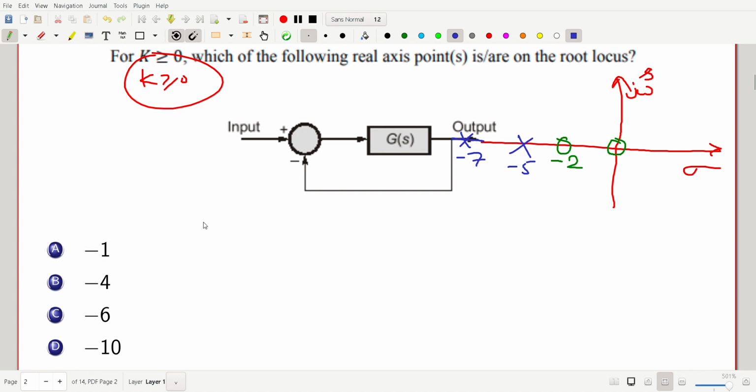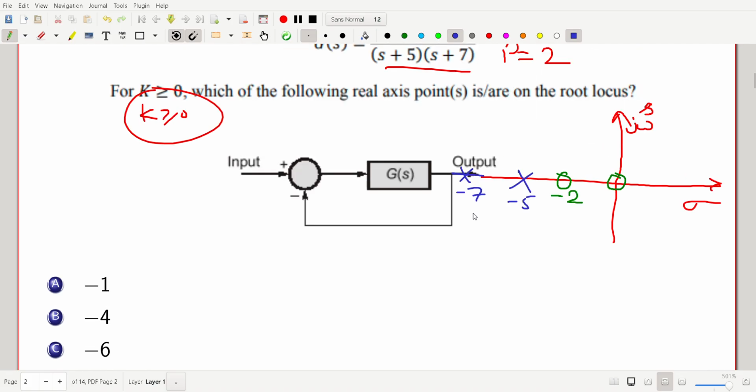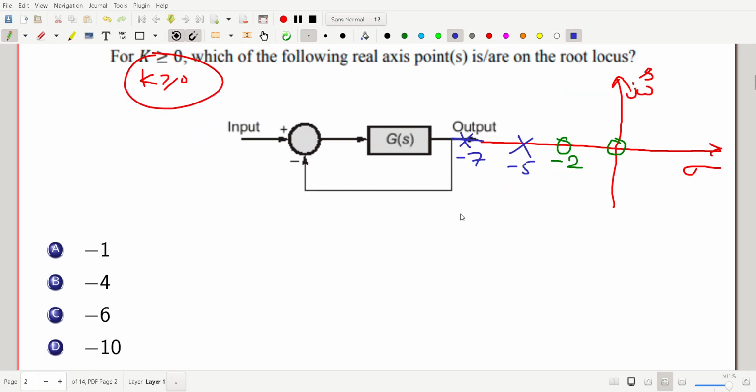This may have more than one correct option, I think. So how do we solve this? Let us go through the root locus rules and concepts, and then we will come back to solve this question.